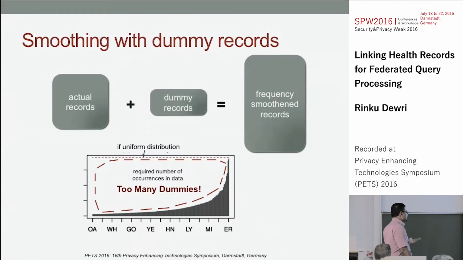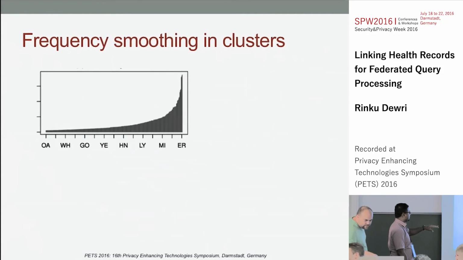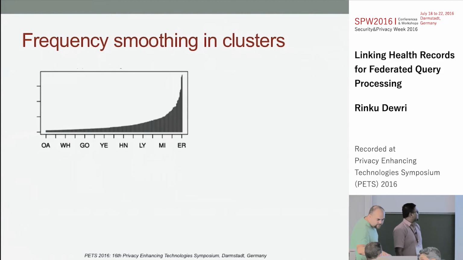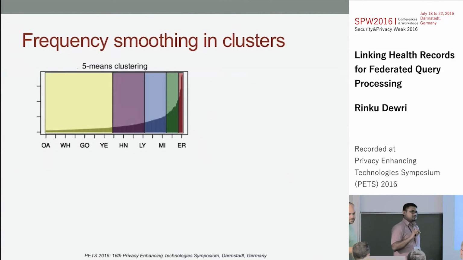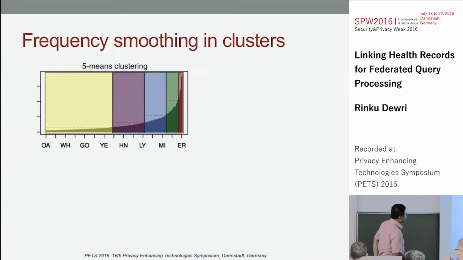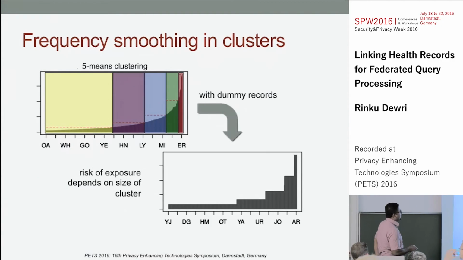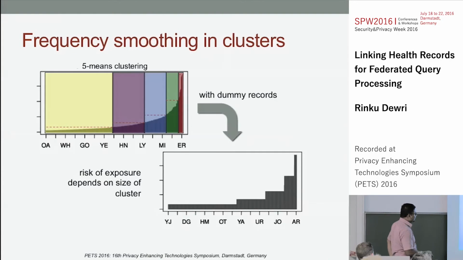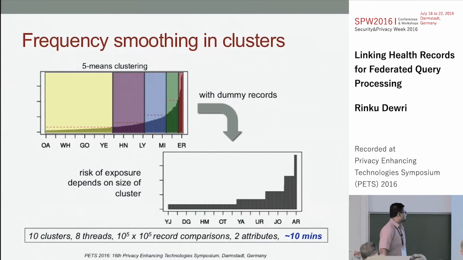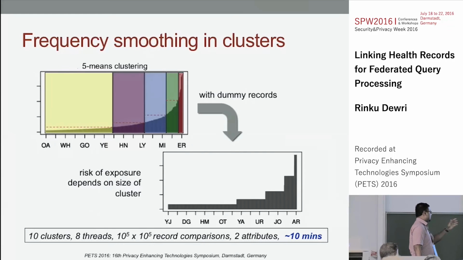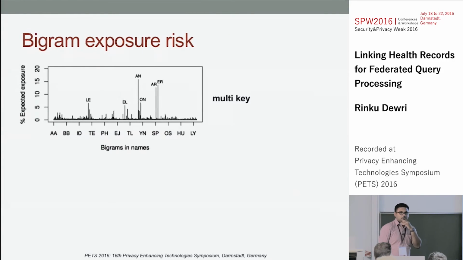But if we do that, then we are going to have many more dummy records than actual records. So the technique we use is to do smoothing in a cluster. We look at the distribution, let's say we divide it into 5 clusters, and then we do smoothing in each cluster. As a result, the frequencies now become something like this, so they are uniform within the same cluster. Again, if we do a single key now, that 80 minutes could become 10 minutes for 100,000 records at each site.